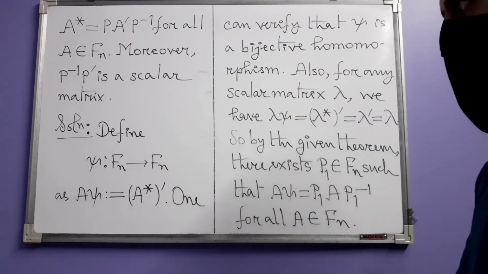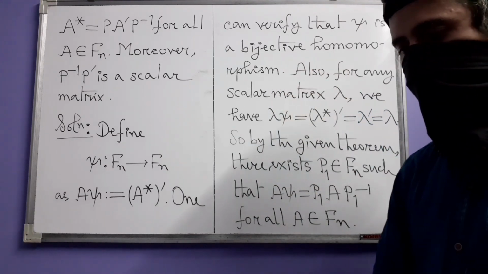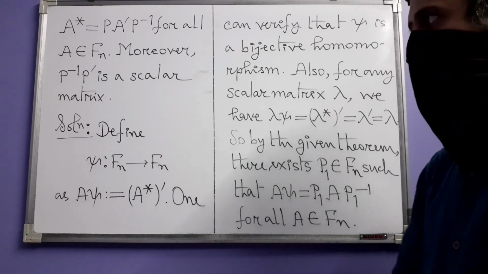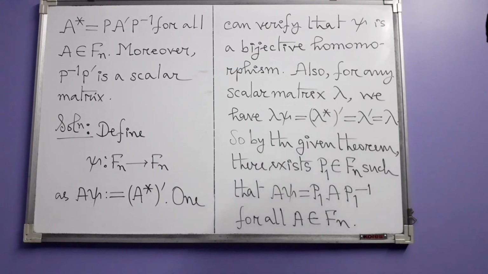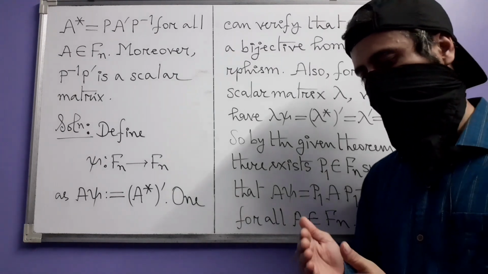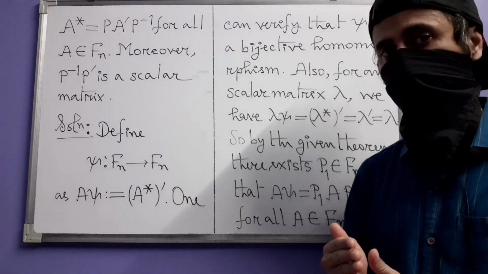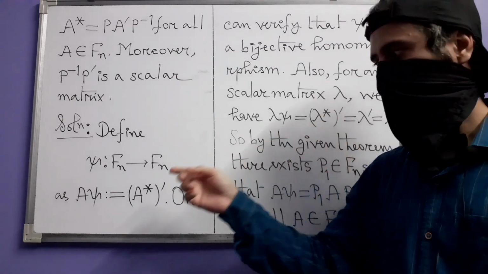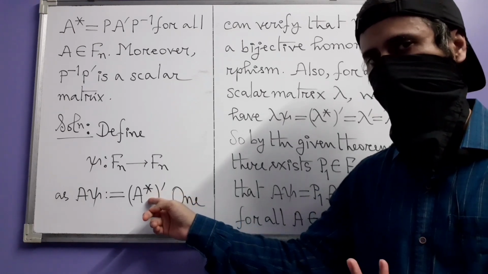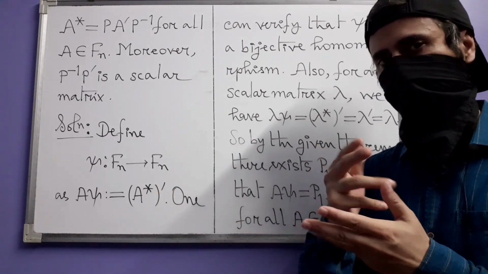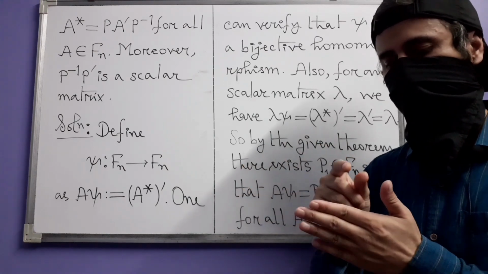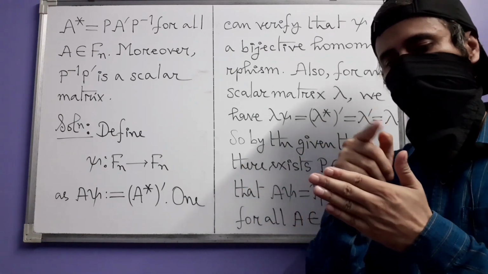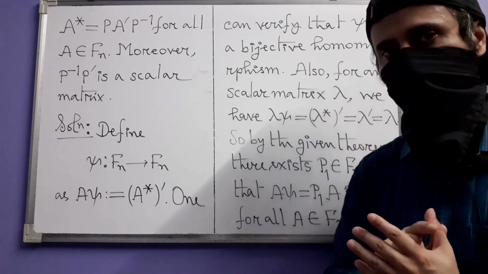To show that psi is a homomorphism, you proceed exactly similar to what we did in the previous video. Do you remember that in the previous video we encountered a composition of two adjoints. One of them was some adjoint star and the other one was some other adjoint, not necessarily different, which we denoted by star within a circle.